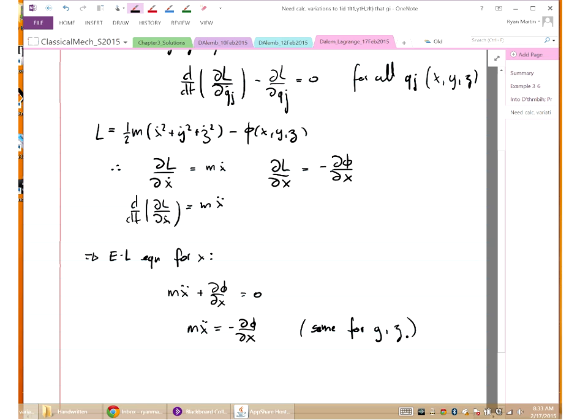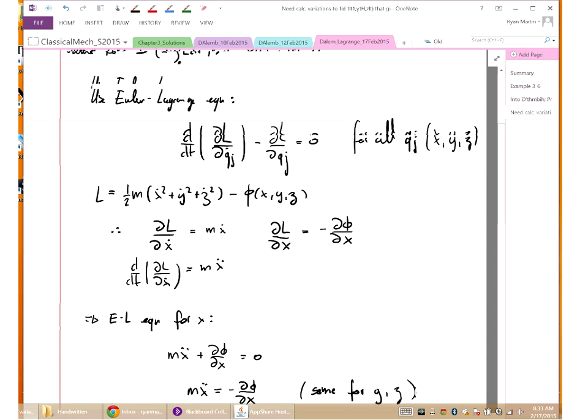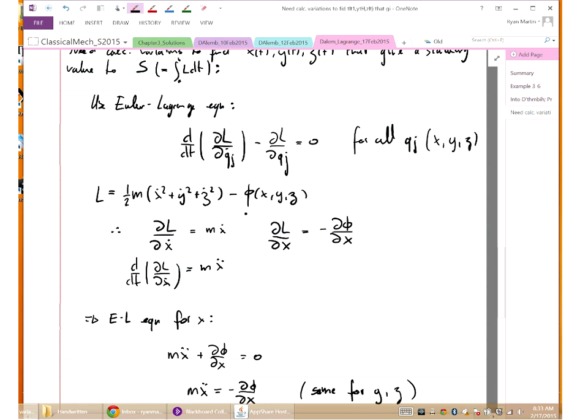So we've only done a mathematical curiosity, but it seems that if we build this function capital L as T minus the potential, in this very specific case, then the equations of motion is given by requiring that the integral of L dt is stationary.